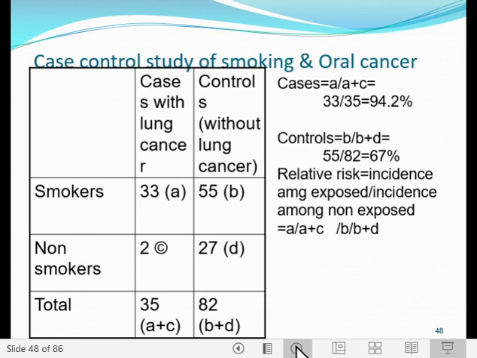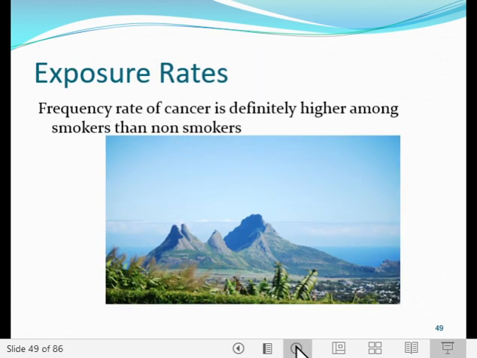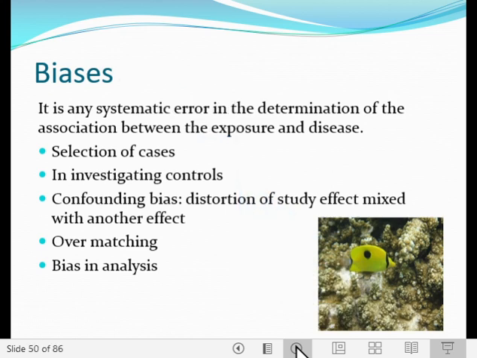Controls are B divided by B plus D, then relative risk is equal to incidence among exposed divided by incidence among non-exposed. So, it is A upon A plus C divided by B upon B plus D. What we come to know from this is that the frequency rate of cancer is definitely higher among smokers than non-smokers.